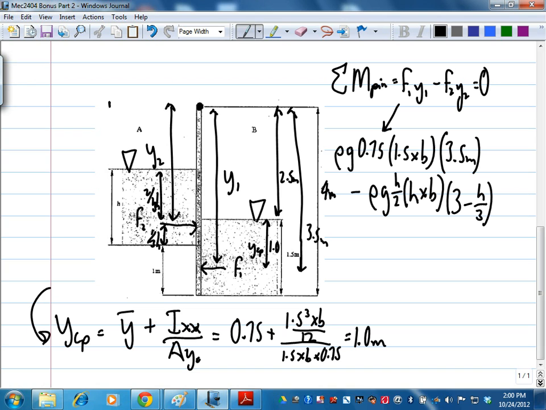And here, therefore this distance here is 3 minus 1/3 H.